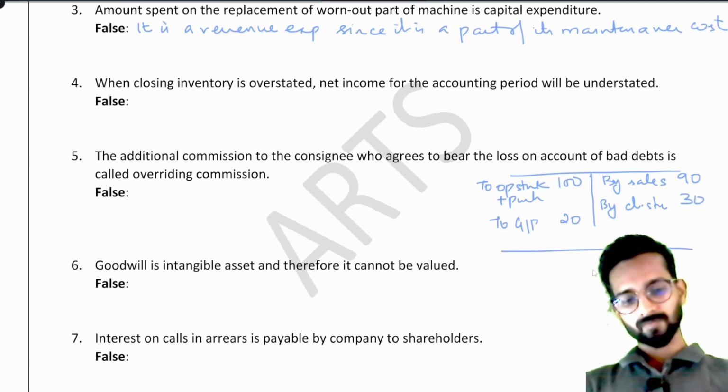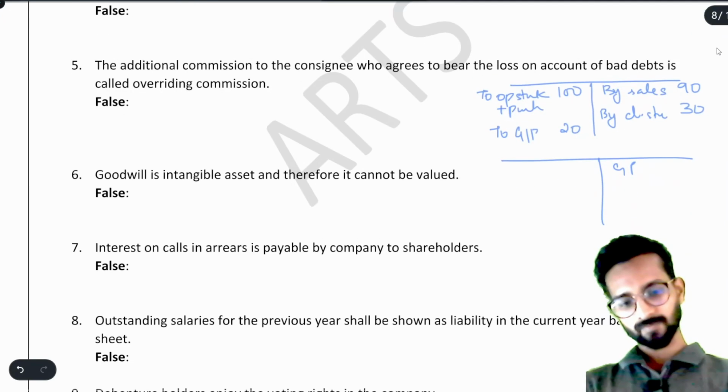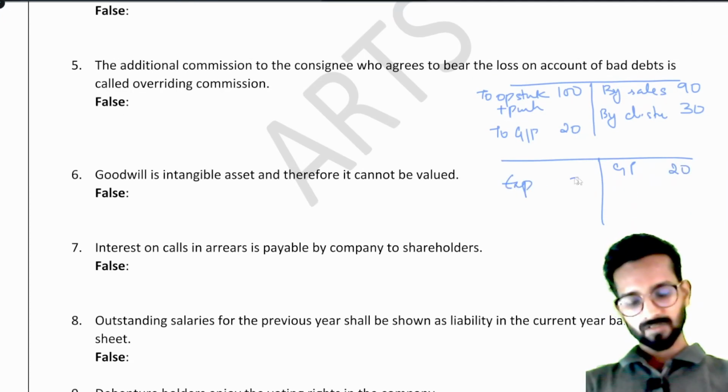Okay, and when you write here gross profit 20, some expenses 7 rupees and your net profit will be 13.